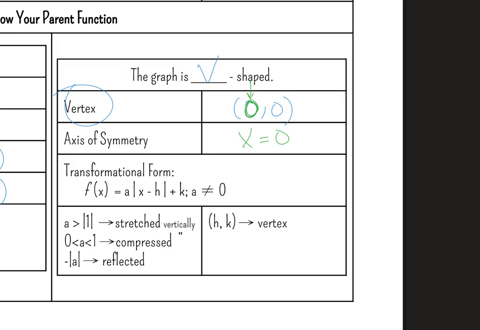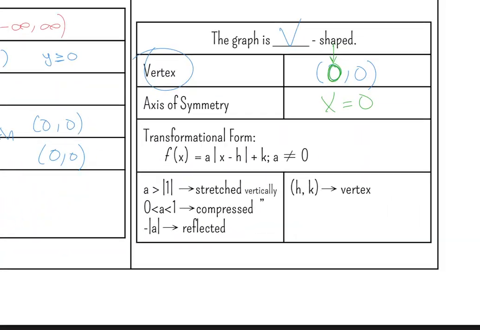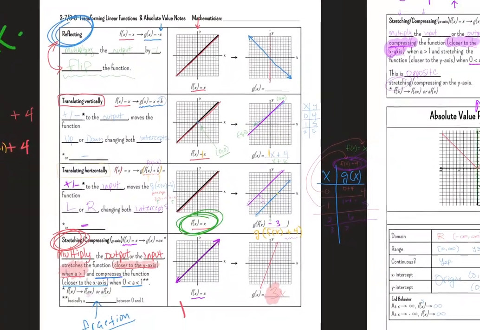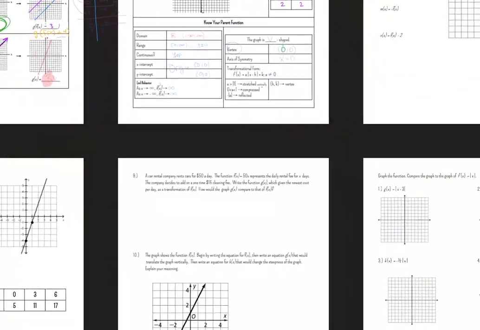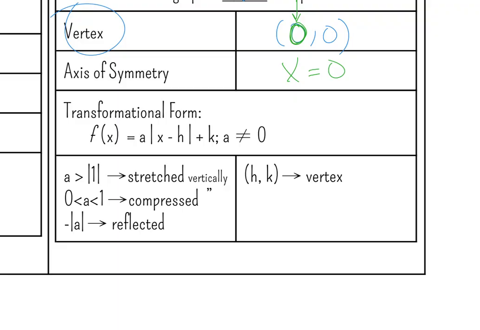And now, okay, buckle up. That was all the basic info. So now, you know how we just spent all this time talking about how you could transform regular old x? Well, we're now going to jump into how you can transform f of x. I'm sorry, absolute value of x. So it's this. And if you're like, well, that seems scary, lots of letters.